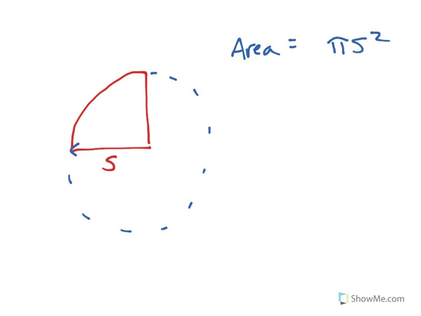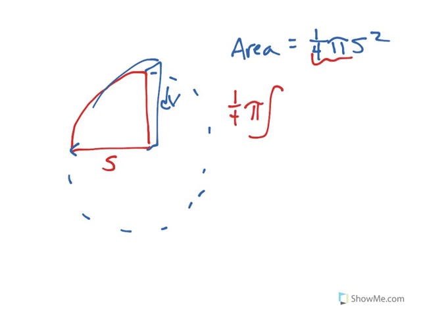Because I want 1/4 of the circle, it's going to be 1/4 pi s squared. So that's nice and easy. This is going to have the thickness of dx. It means that the volume is going to be the integral. I can put the constants inside, but it's so much easier out front. 1/4 pi s squared times the thickness, which is dx. So if it's a quarter circle, quarter pi goes on the outside. Because look at that, that's a quarter pi.